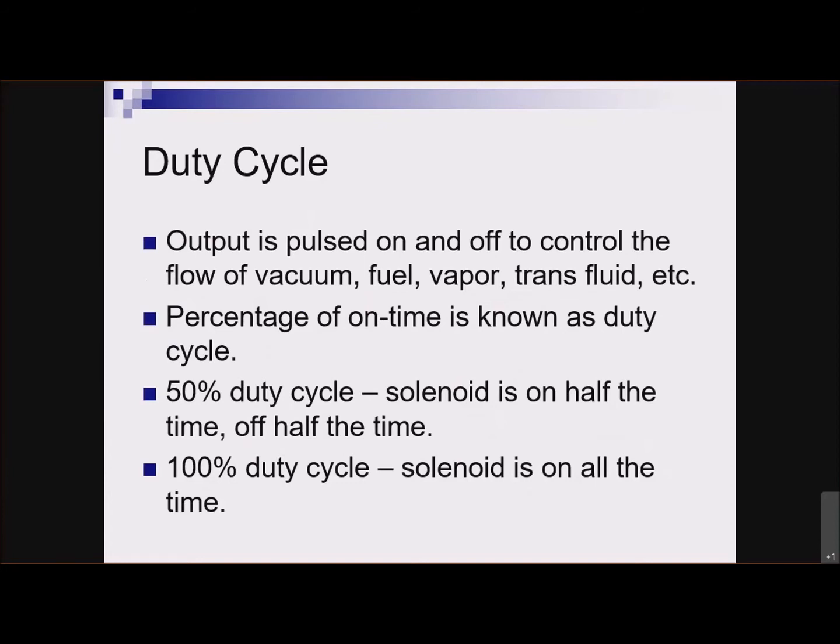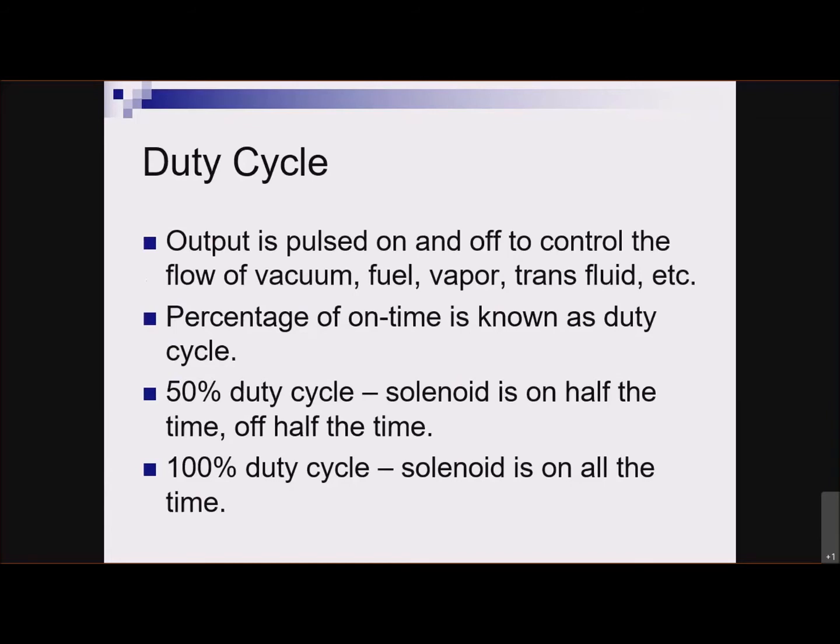Sometimes we don't want full flow through a solenoid. So let's take the example of a purge solenoid. I'm not saying that's controlled by duty cycle, but let's say it is. And we only want 50% flow through that solenoid.